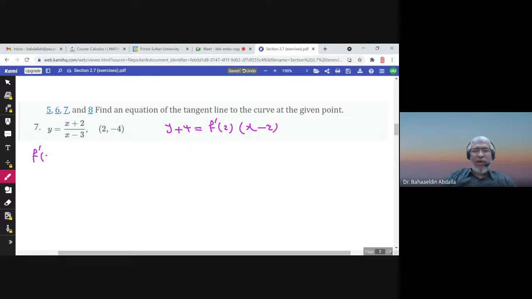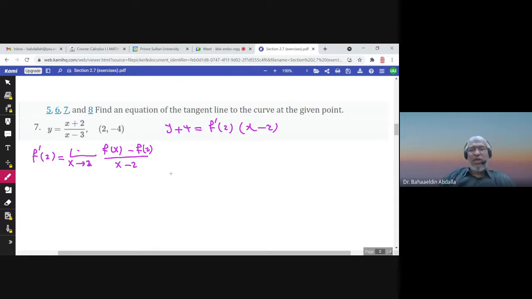Well, f prime of 2 is the limit. Now I have two definitions. I will use this one: f of x minus f of 2 over x minus 2 when x approaches 2.